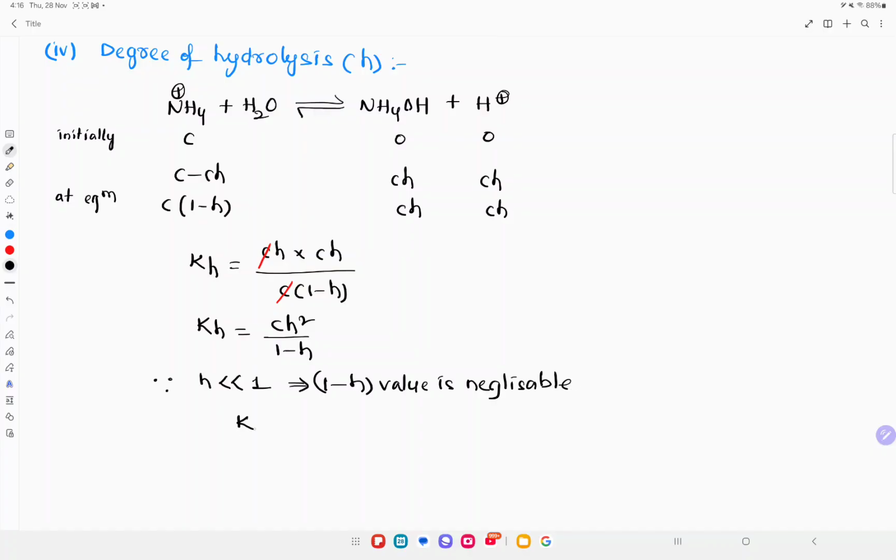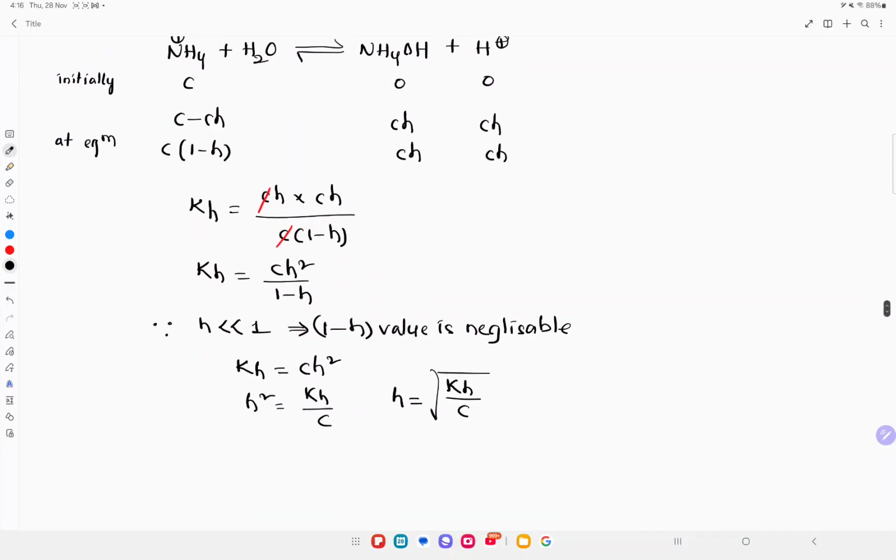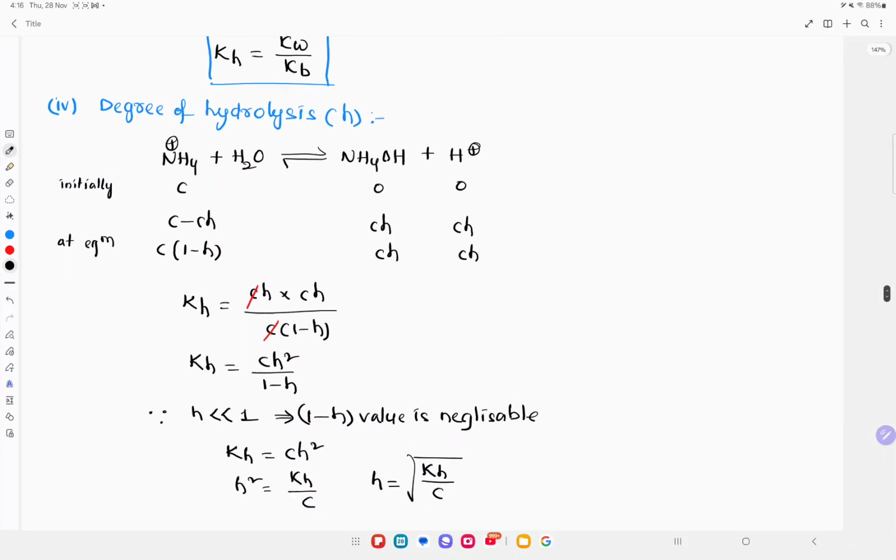Therefore Kh is equal to Ch square. h square is equal to Kh by C, and h is equal to under root of Kh by C. But what is the Kh value?